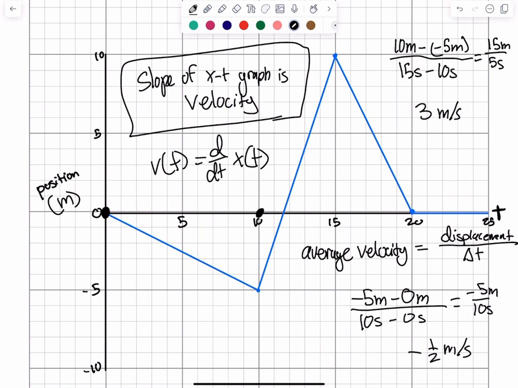To end this velocity section, let's find the average speed of this entire journey. For this, we'll put the total distance traveled in the numerator and the change in time in the denominator.